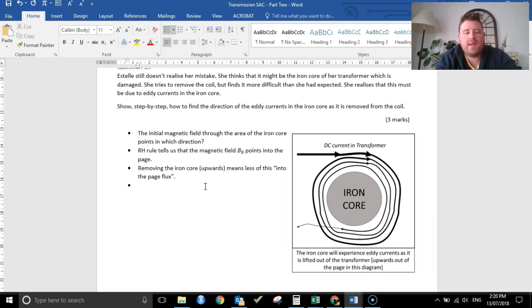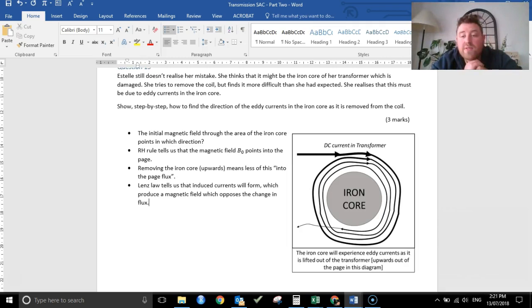All right. Lenz's law tells us that induced currents will form which produce a magnetic field which opposes the change in flux.